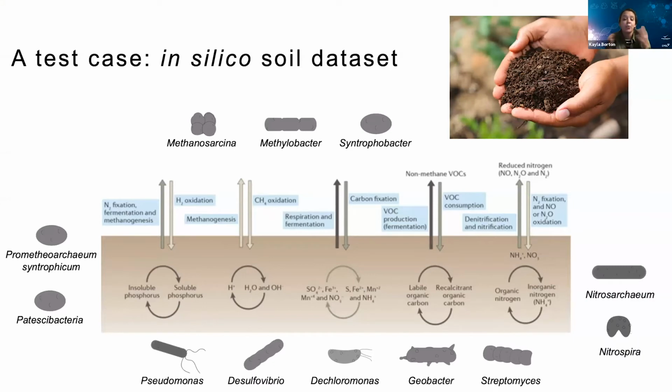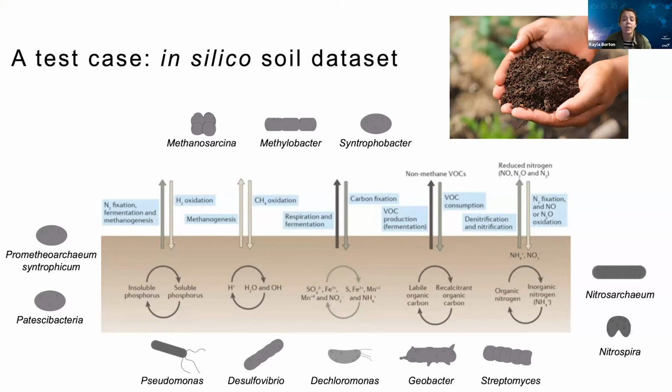So the point of the slides I'm going to present today is to showcase the metabolism that is outlined in DRAM. As Mike mentioned, beyond annotation, DRAM distills metabolism into functions that are biogeochemically relevant.